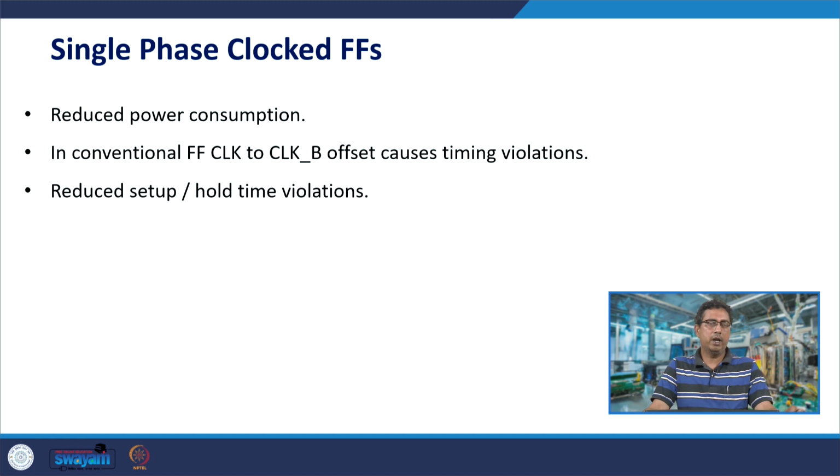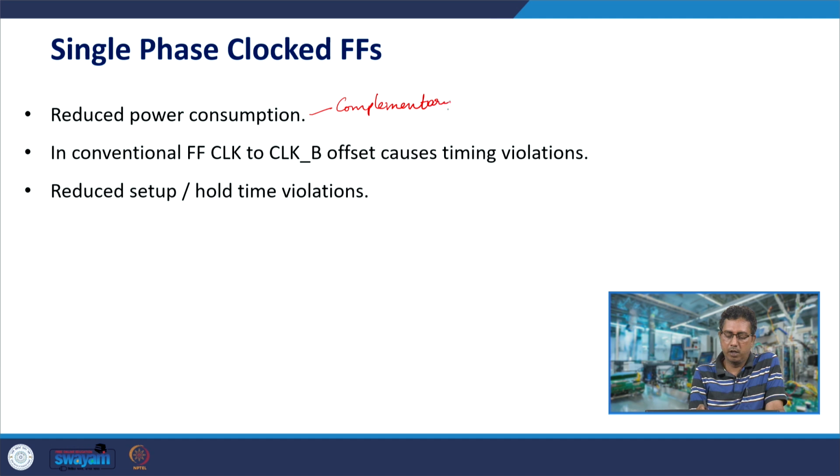When you have two clock phases, you need to mostly generate the complement of the clock locally, and that results in larger power consumption because of the complementary clock signal. There is also an offset between clock and clock bar.